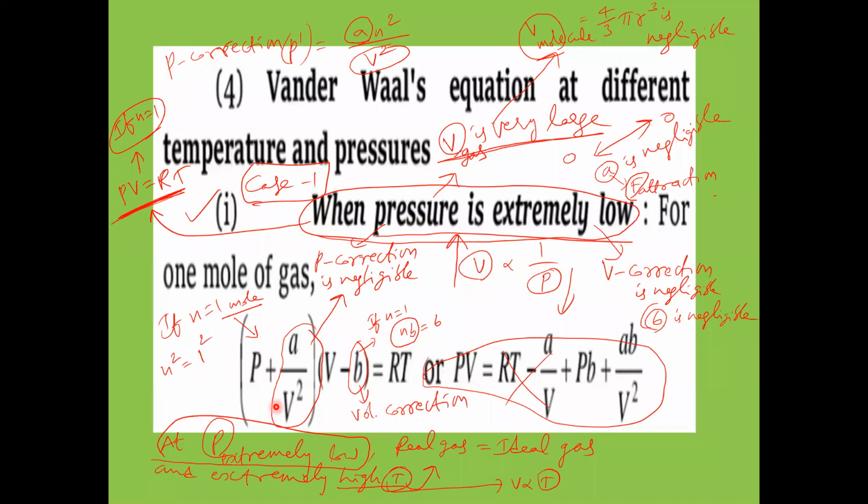So at extremely low pressures and extremely high temperatures, real gases behave like ideal gases. Please take a screenshot of this. It is a very important concept, and if you understand this page very well, all the misconceptions about the Van der Waals equation can be overcome.